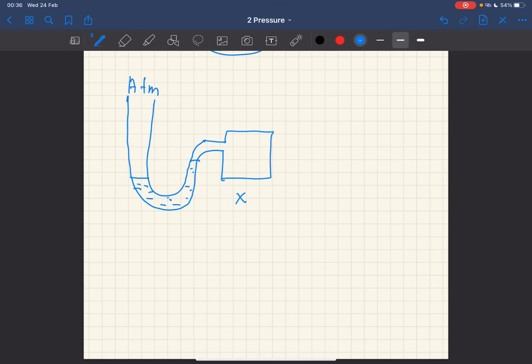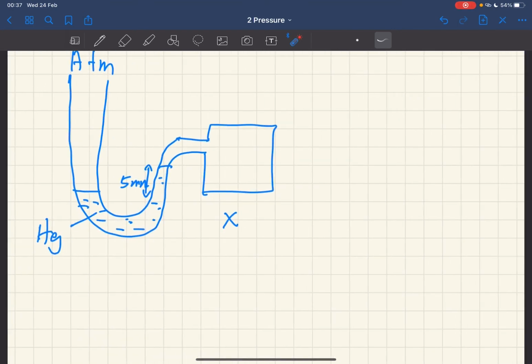Can you tell me between gas X and mercury, gas X and ATM, which one is stronger? Gas X or the atmospheric pressure? Yes, atmospheric pressure is stronger. Why?